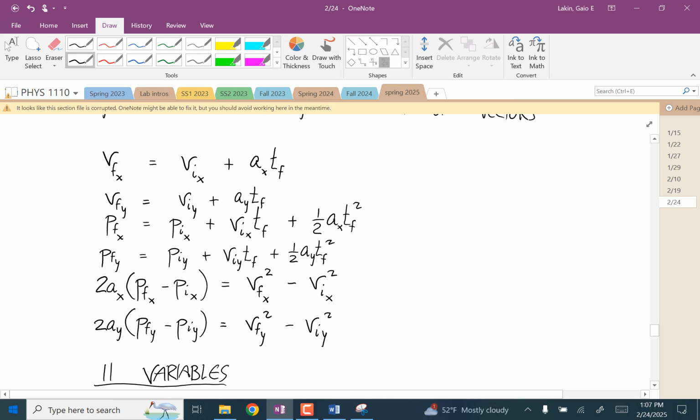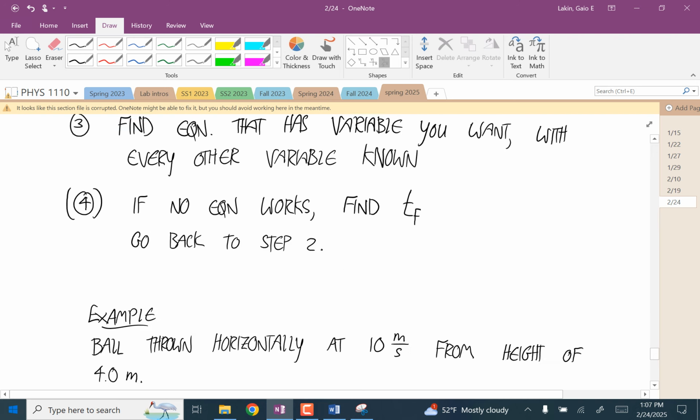This first x equation doesn't work because it doesn't have PFX in it. The second one has PFX, but it also has TF, so we don't know what that is. The fifth one has PFX, but it also has VFX, and we don't know what that is. So no equation works here.